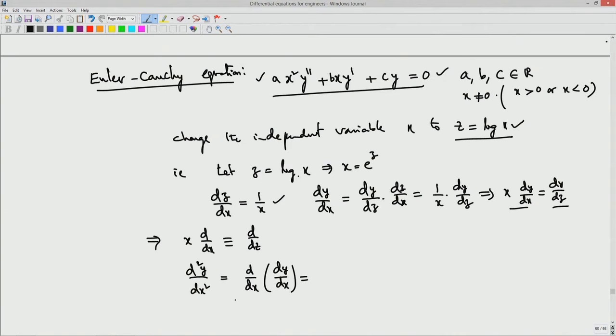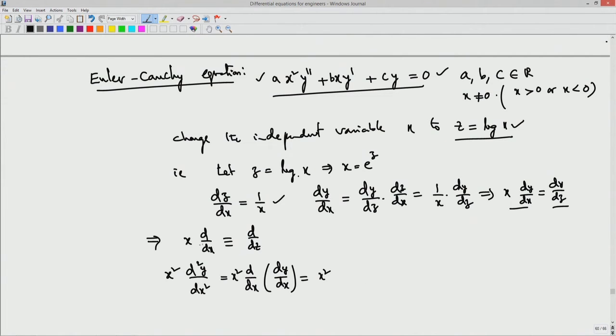So you take x square here, x square times d dx of d dz of y.